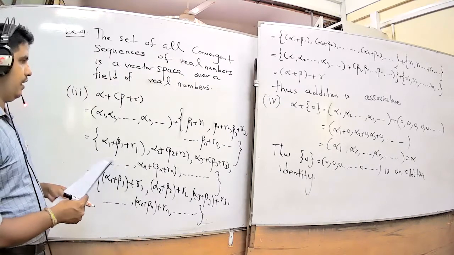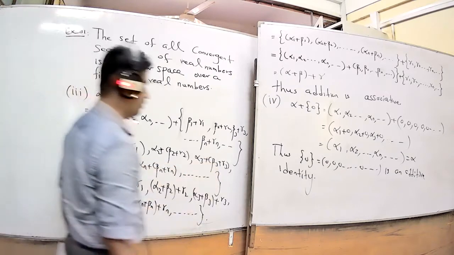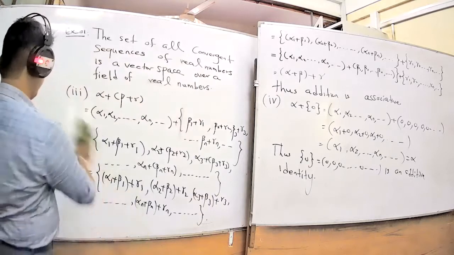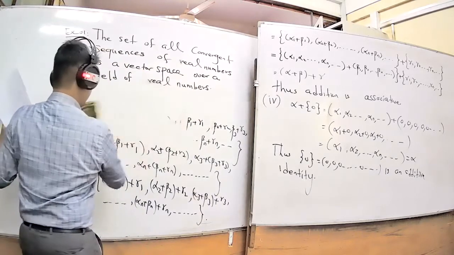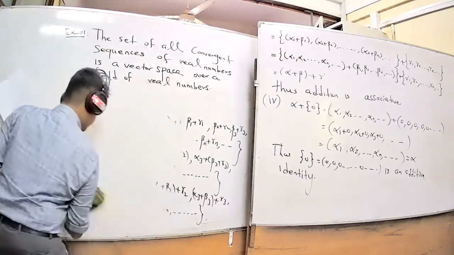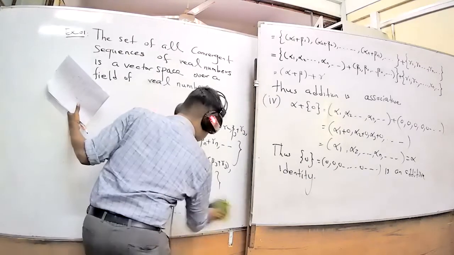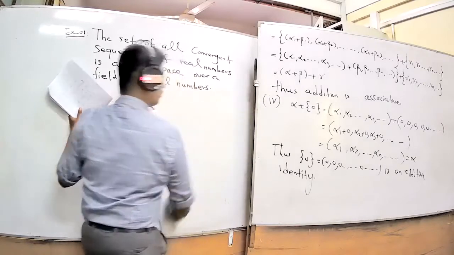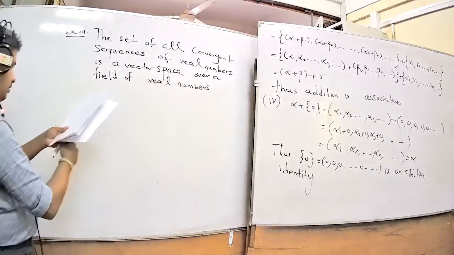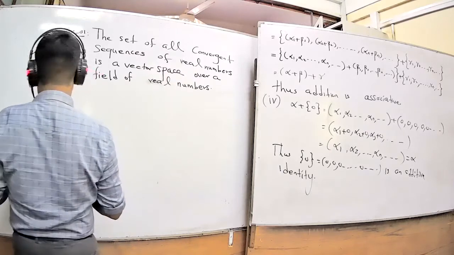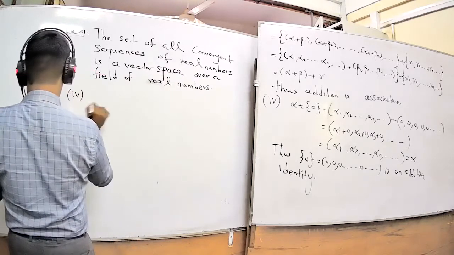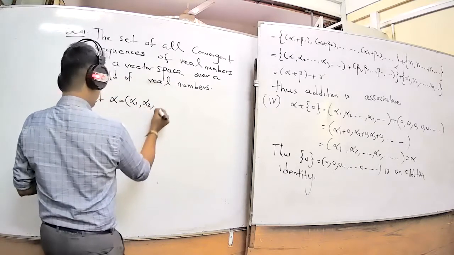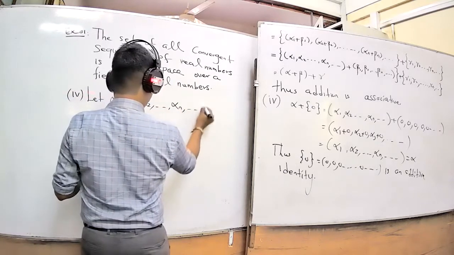Next, you want to find the inverse. Let alpha be the sequence alpha 1, alpha 2, and so on, alpha n, and so on.